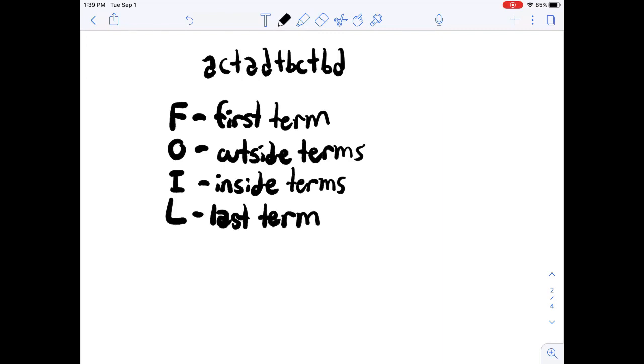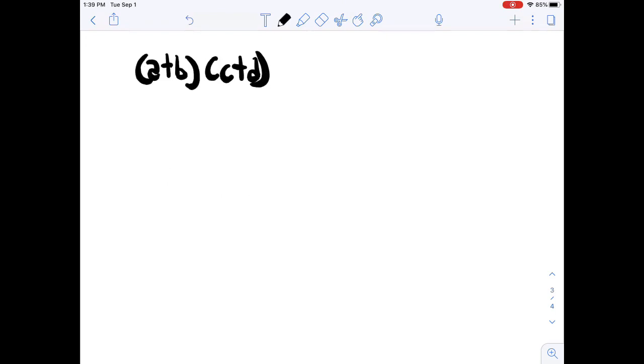So the first term in each bracket is A and C, and so the F in the FOIL represents AC. And the outside terms are both the terms that are on the outside of the bracket. So on these two sides, I'm showing them with a dot.